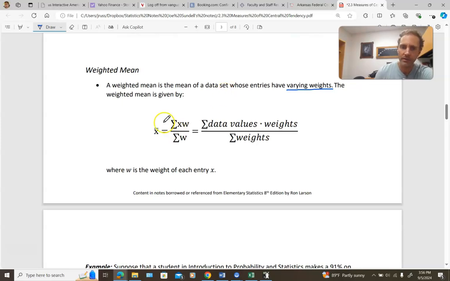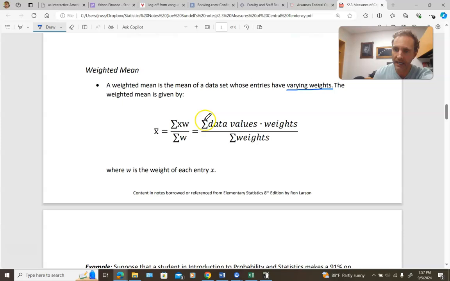So this is the formula that we're going to use. To find the weighted mean, or x bar, for data that's weighted, it's going to be the sum of not just x, it's the sum of x times w. So what does this mean? Well, it's the data value times its corresponding weight. So if your average homework grade is a 93% and it's worth 20% of your overall grade, that's going to be 93 times 20%.